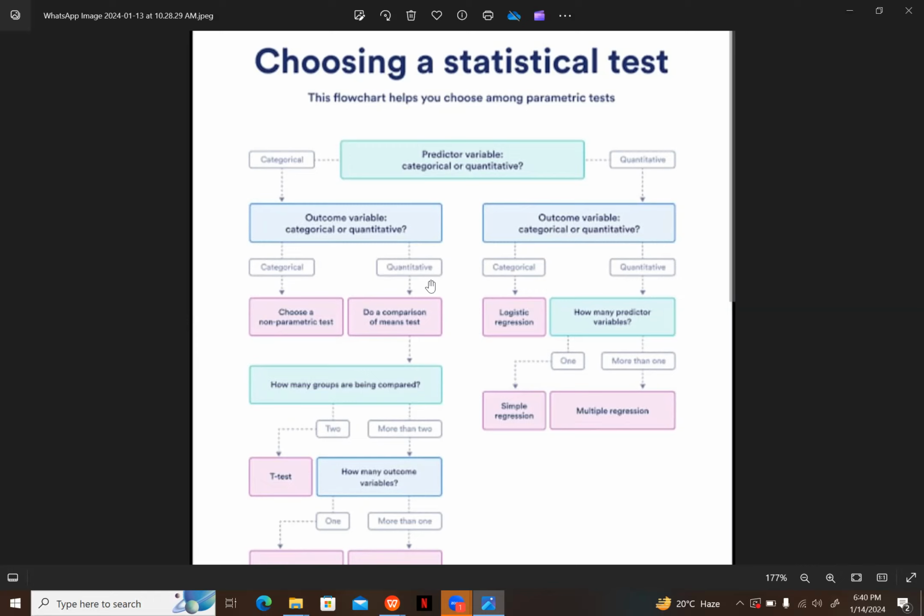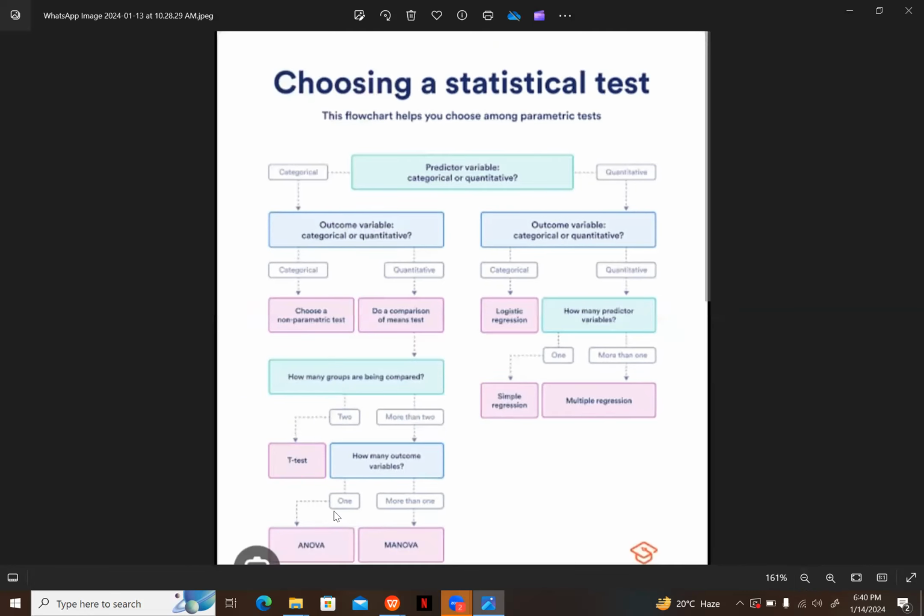But if you have a quantitative variable, then you go for the parametric test. You do a comparison of the mean test. How many groups are you comparing? If you compare two groups, go for the t-test. And if more than two groups, then they say one group or more than one group: it is ANOVA for one, and for more than one, it is MANOVA.